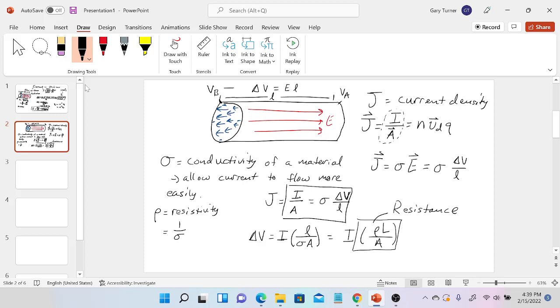This is the total resistance in your material. And this value, the resistance, is measured in ohms.